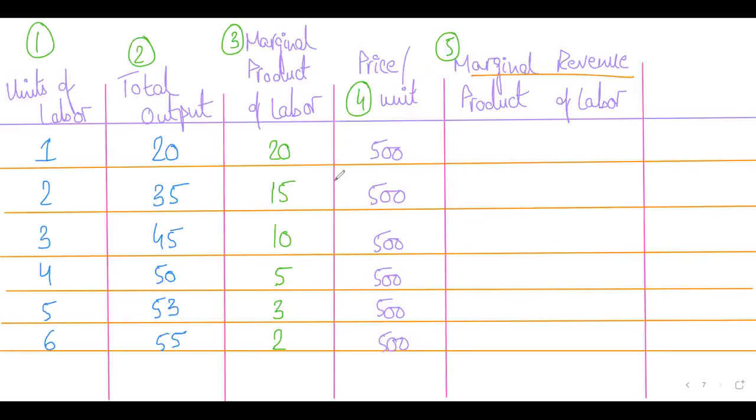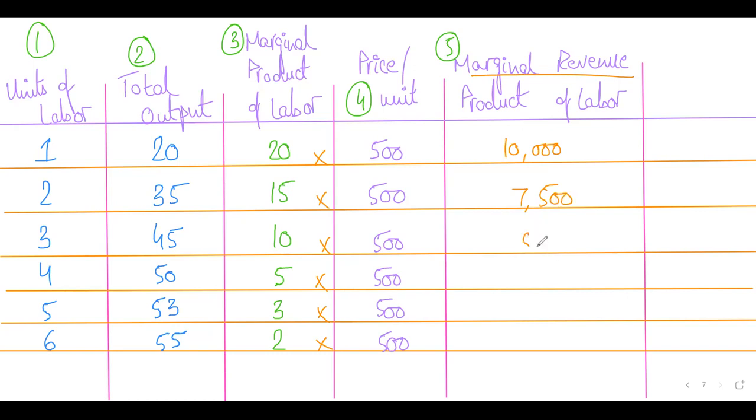All you have to do is multiply these two columns. If the first guy makes 20 t-shirts on his own, and each t-shirt is selling for 500 rupees in the market, then technically this person generated 10,000 worth of revenue for the company. Then for the second guy, 15 times 500, the second guy will be generating a revenue of 7,500 rupees for the company.